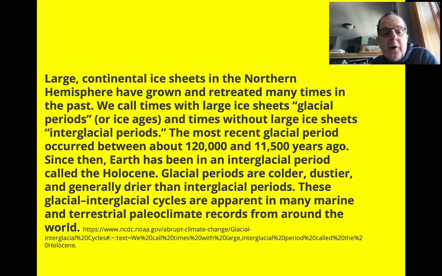Since then, Earth has been in an interglacial period called the Holocene. Glacial periods are colder, dustier, and generally drier than interglacial periods. These glacial-interglacial cycles are apparent in many marine and terrestrial paleoclimate records from around the world.